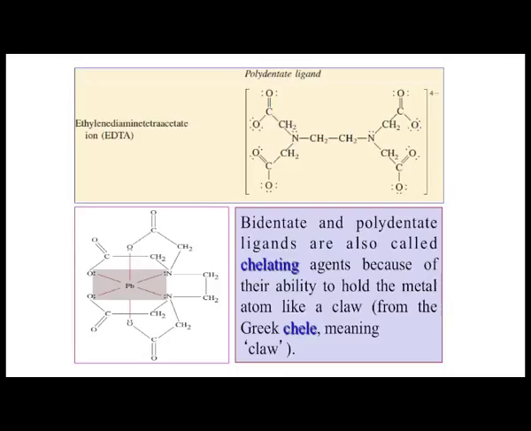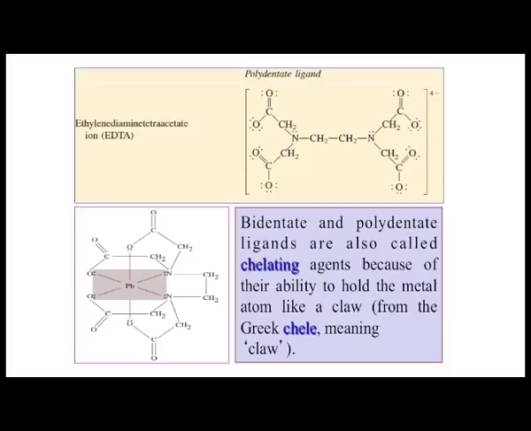So, what is the nature of the denticity of this particular ligand? The 2 nitrogens can donate to the metal center, and we can have this oxygen, this and this oxygen. That means 4 of these oxygen atoms can also be available to coordinate to the metal center.